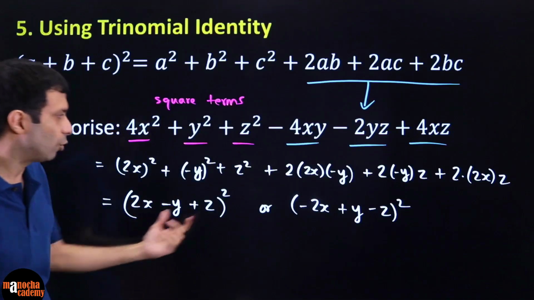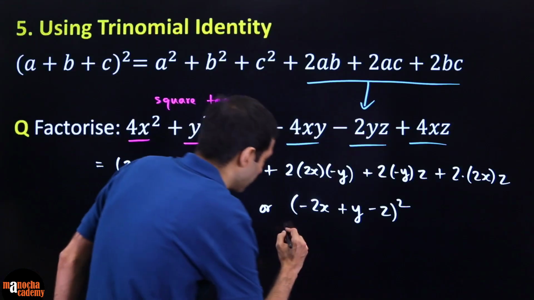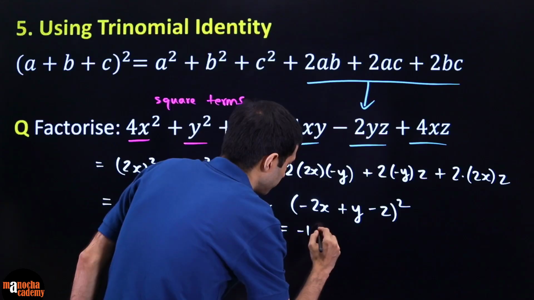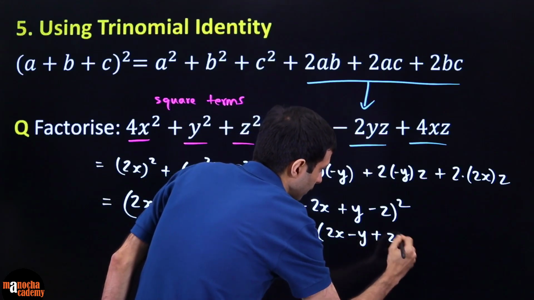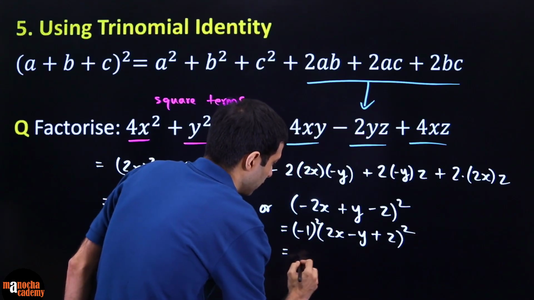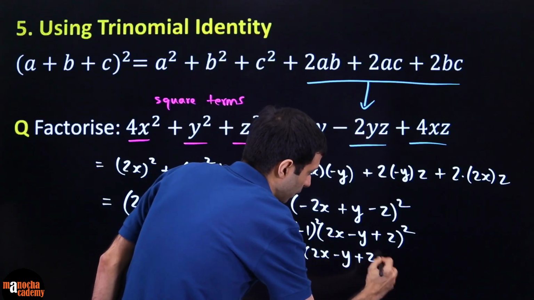Now you may say, okay, these are two different answers. Actually, they are not different. Because if you take the minus common, so if you take minus 1 common, you are going to be left with 2x minus y plus z whole square.